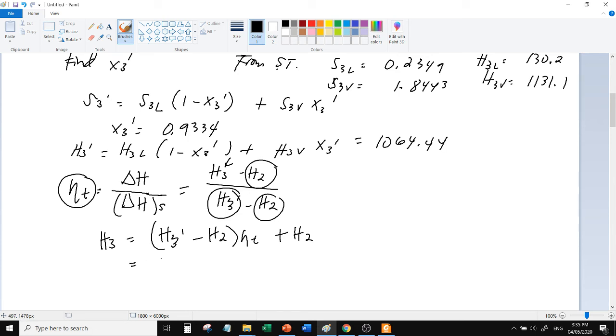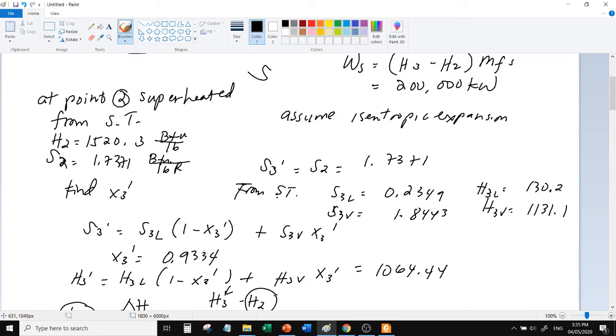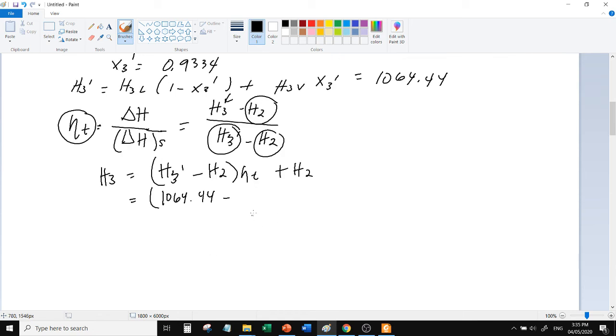So, substituting the values, H3 prime, so na yung H2, 1520.